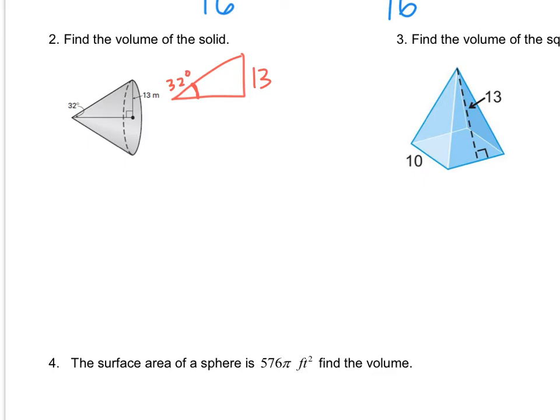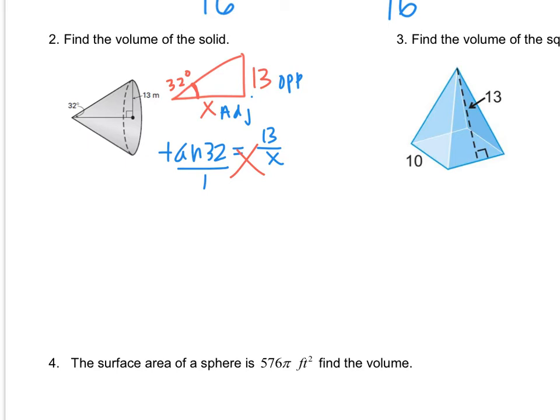And we want to know the height of the cone, which is going to be the bottom side there. So think about your SOHCAHTOA for a minute. We've got the opposite and the adjacent. So TOA, tan, uses opposite and adjacent. So tan 32 equals opposite over adjacent.